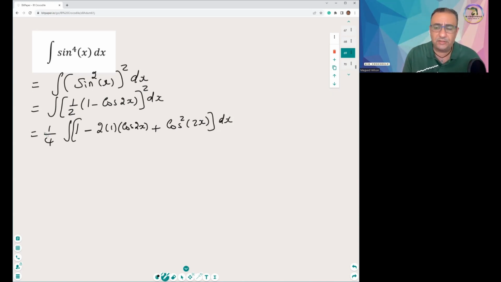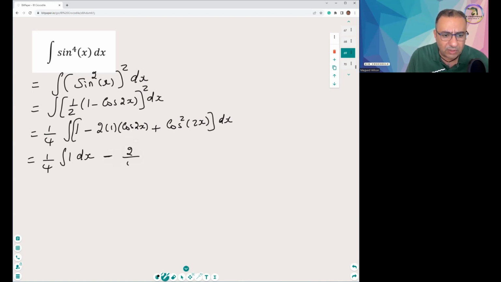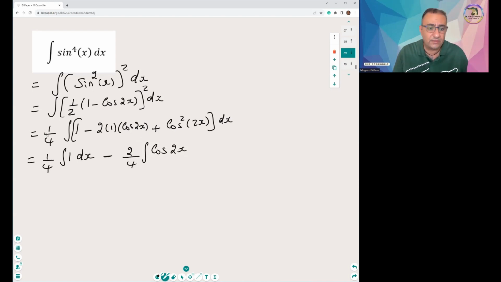You can split the integration on minus and plus, so we can deal with each term, separated by minus or plus, separately. So we can say, okay, we have 1/4, the integration of 1 dx, for example. This is the first term, which is very straightforward. And then minus, 2/4, I will just take 2/4 out, and then the integration of cosine 2x, again, not too bad.